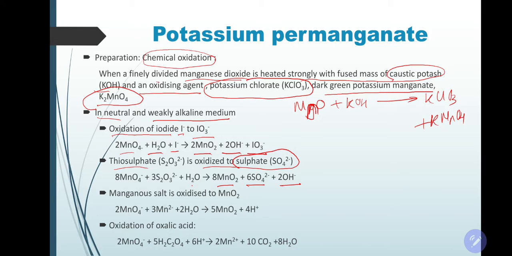Next, manganous salt is oxidized to MnO2: 2MnO4 minus plus 3Mn2 plus plus 2H2O gives 5MnO2 plus 4H plus. Now oxidation of oxalic acid: MnO4 minus plus oxalic acid plus 6H plus gives Mn2 plus, carbon dioxide and water. Clear?